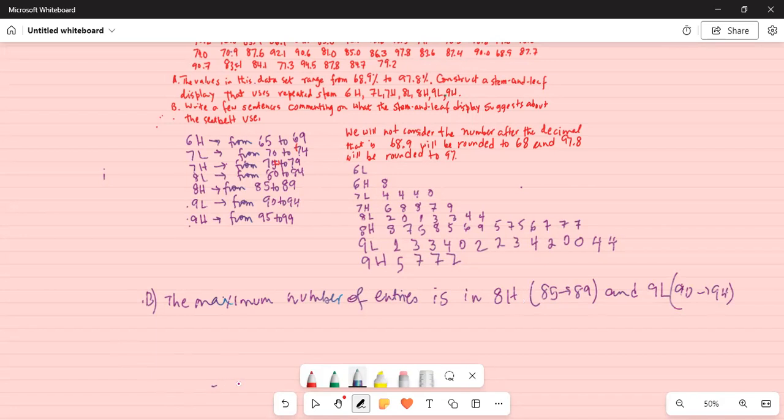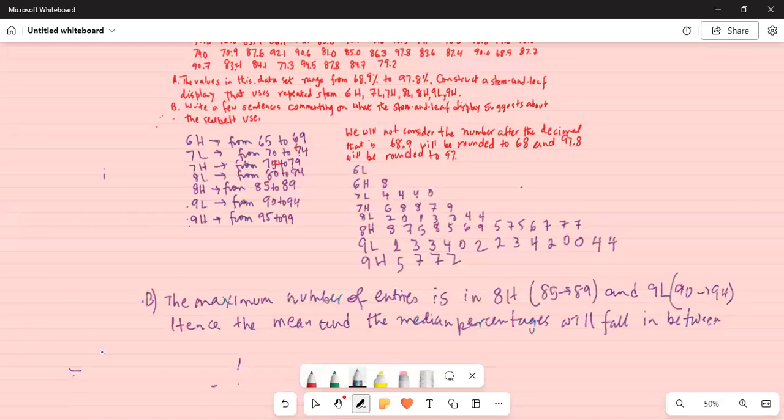Hence, the mean and the median percentages will fall in between these two classes.